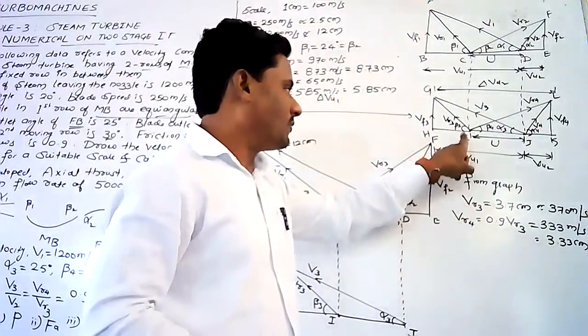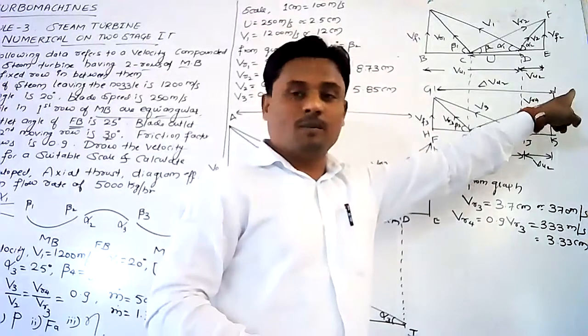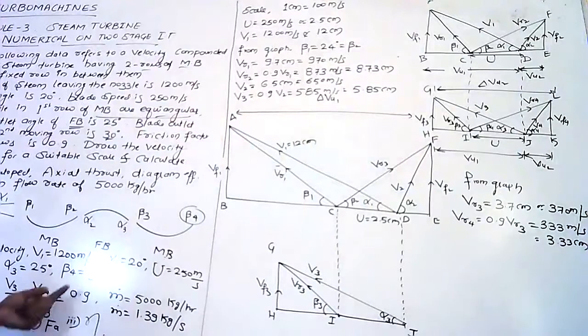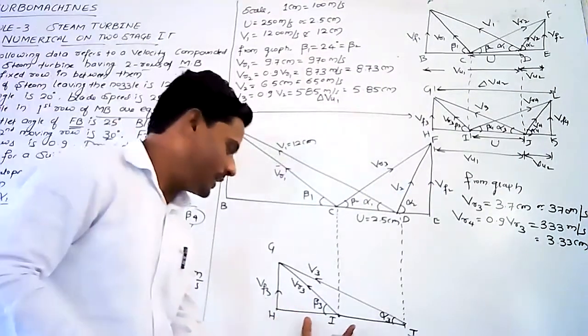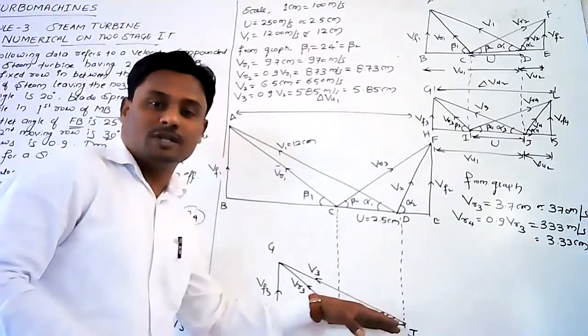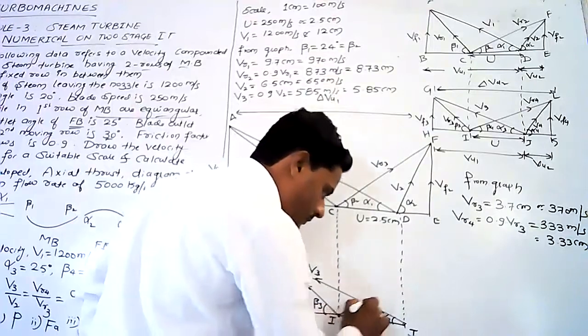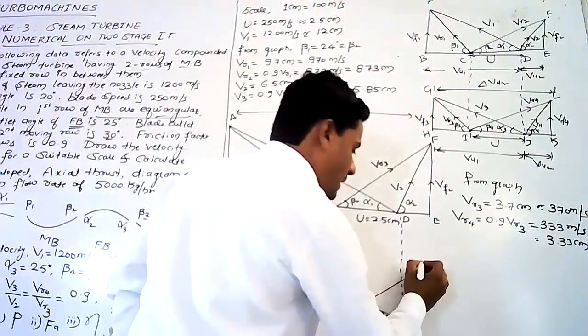From point I, VR4 is emerging at an angle beta 4. Beta 4 is also known, that is 30 degrees. Keep the protractor on point I and measure the angle in counterclockwise direction. You will get the point L here.